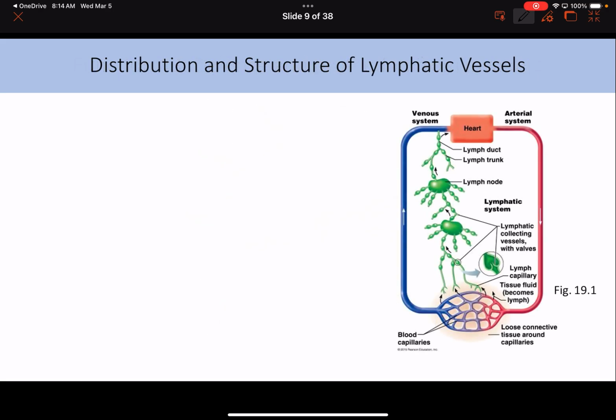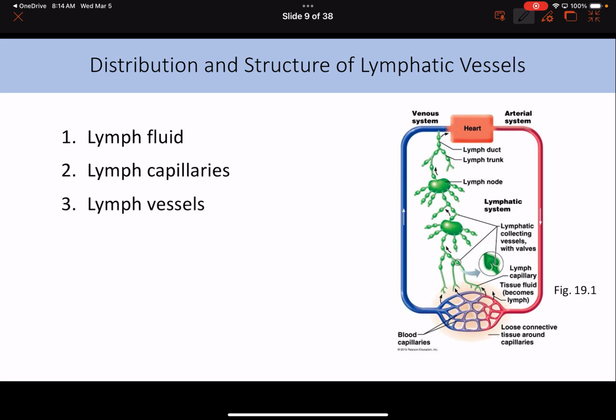All right, so for the distribution and structure of lymphatic vessels, we have different components we need to talk about. So we have the lymph fluid, which is the fluid that's being transported through the system. We have lymph capillaries, which are the ones that are absorbing that fluid at our arterial and venous capillary beds.